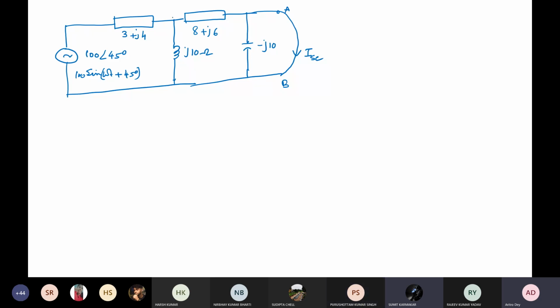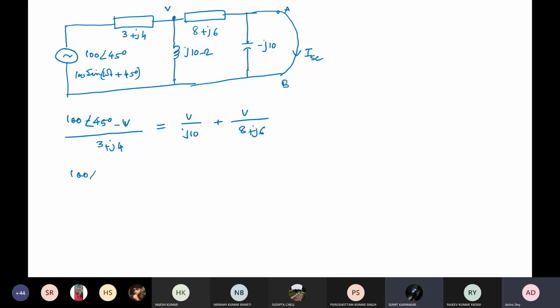If this node voltage is V, then 100 angle 45 degrees minus V divided by 3 plus J4 is equal to V by J10 plus V by 8 plus J6. So V by 8 plus J6 is nothing but your short circuit current, isn't it? If we can solve V, then we can find the short circuit current by V by 8 plus J6. So we'll do this only.